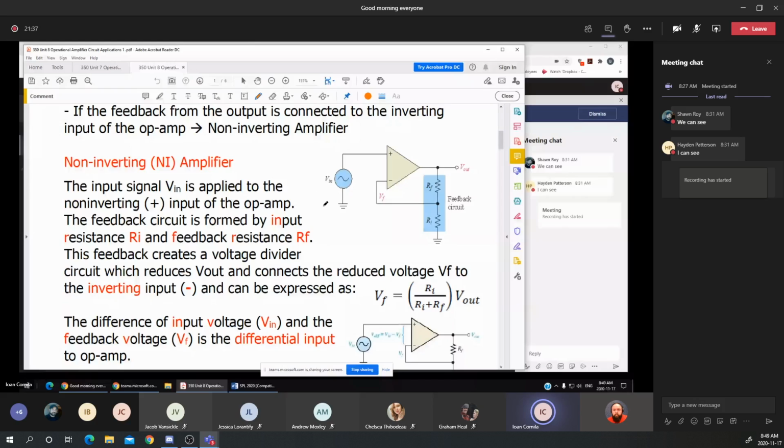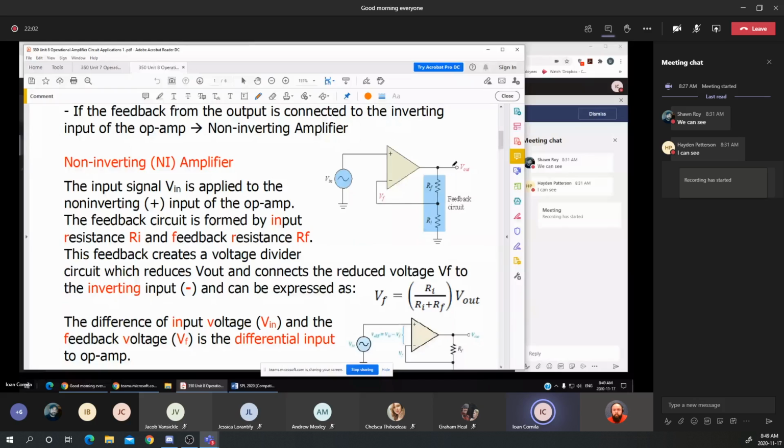Suppose that's an AC input signal applied to the non-inverting input. If the circuit has this configuration, it's called the non-inverting amplifier. Again, non-inverting is in terms of the phase shift between the output voltage and the input voltage.